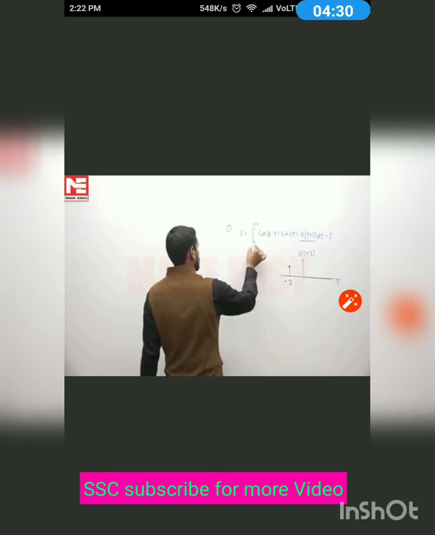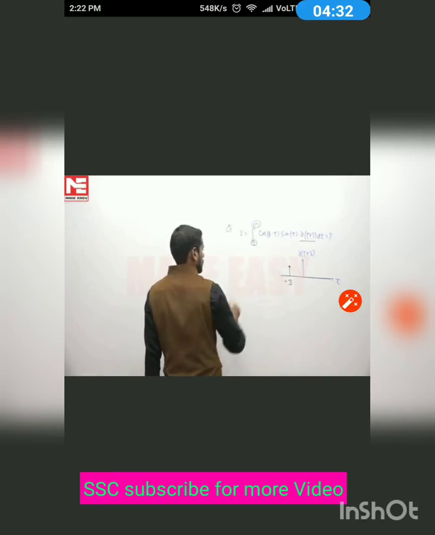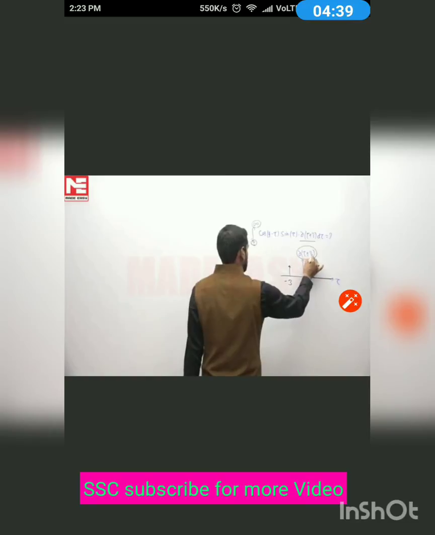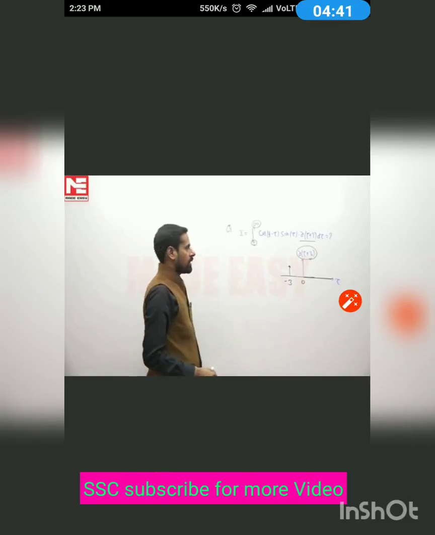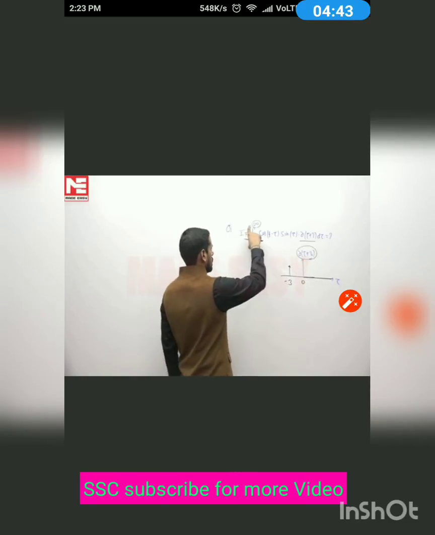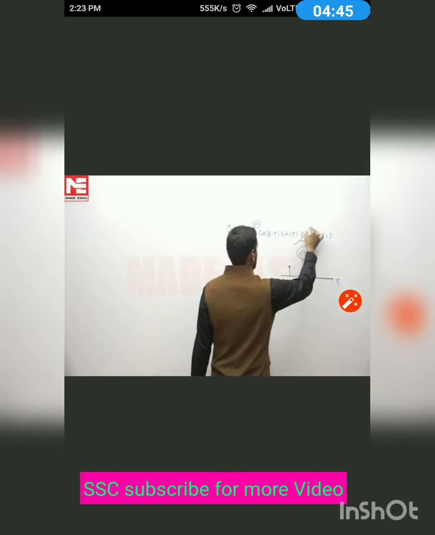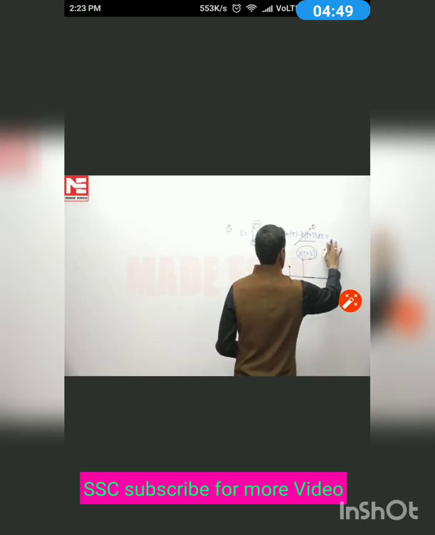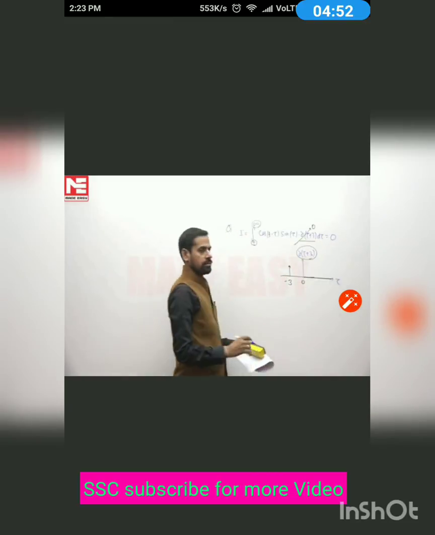Now the range of integration is 0 to infinity, and in this range, the value of this delta(tau plus 3) is 0. So in the given range of integration, the value of delta(tau plus 3) is 0. Therefore the value of integration will also be 0.